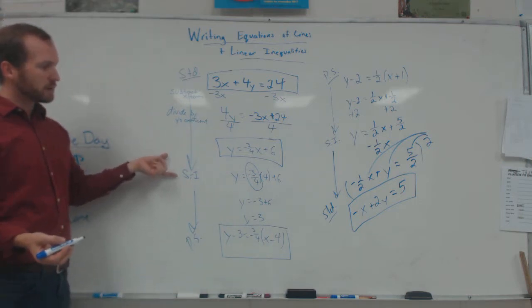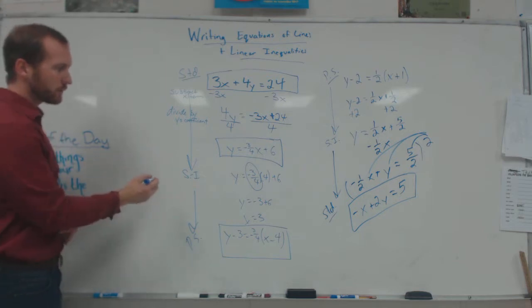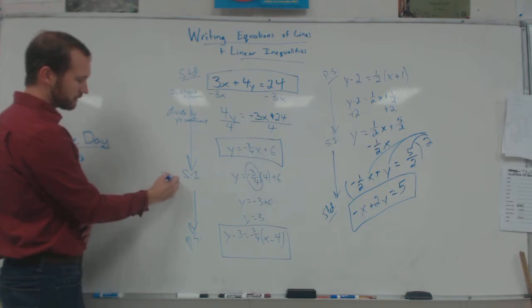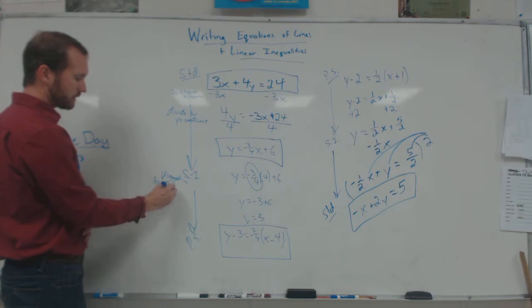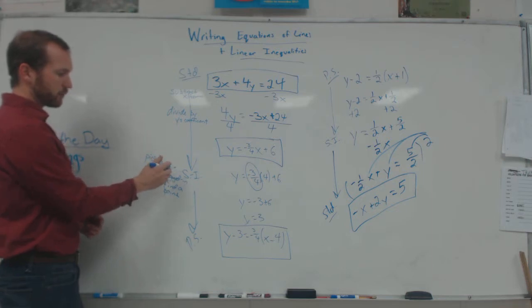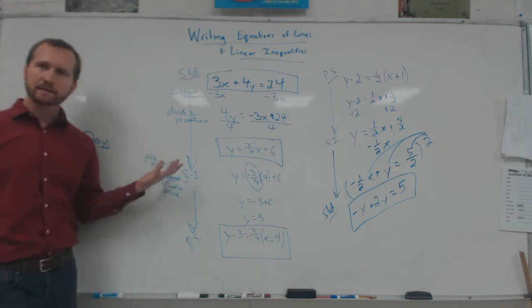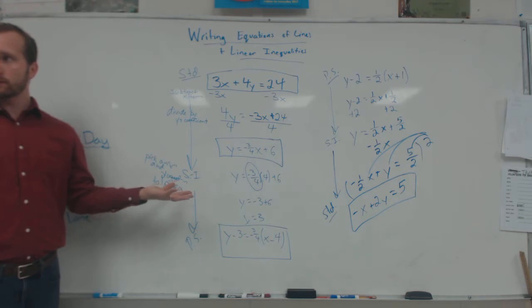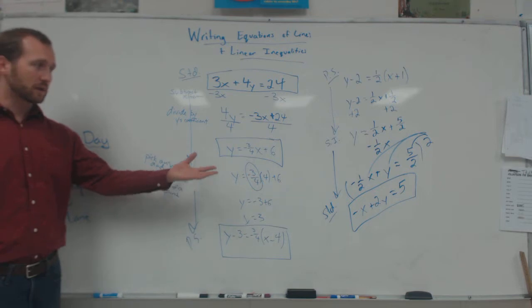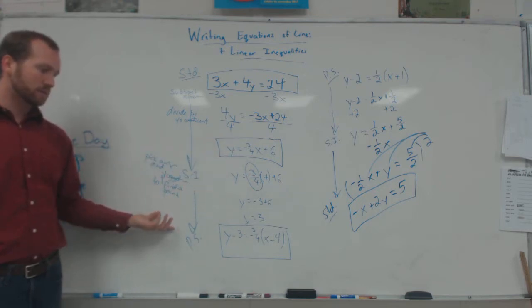Then to get from slope-intercept form to point slope, we pick an x and plug in to find a point. And remember that x could be anything. And that's pretty much all we had to do. Then we just wrote the equation using the same slope and the point that we found.